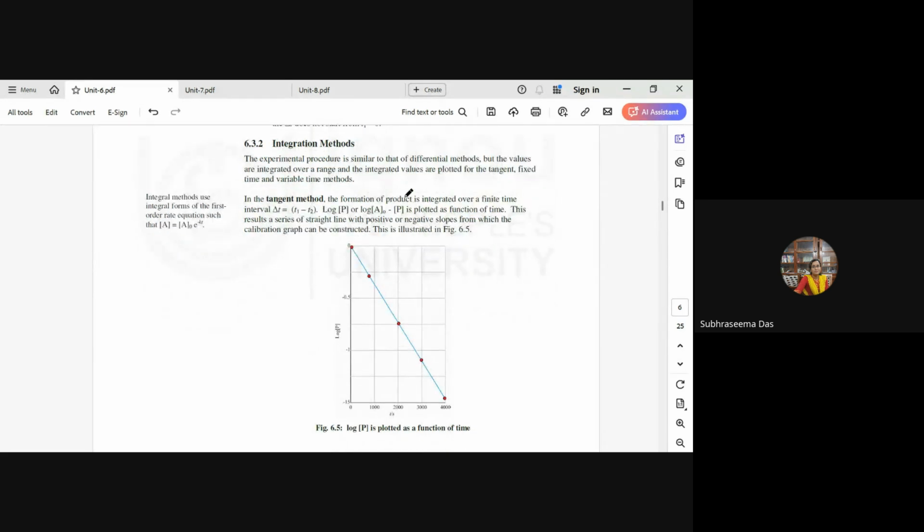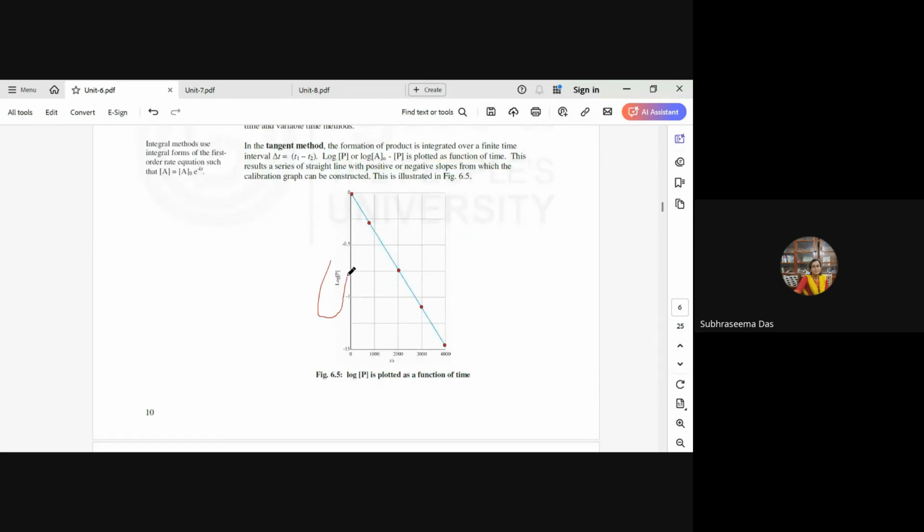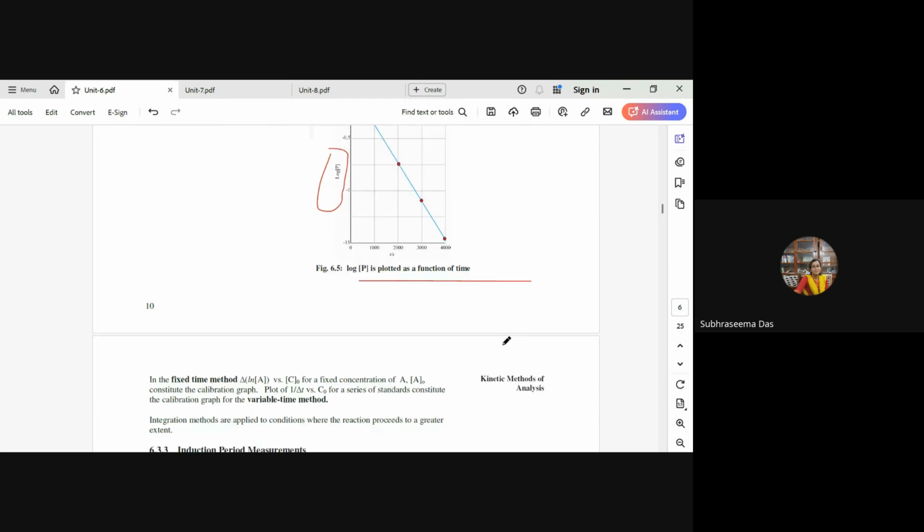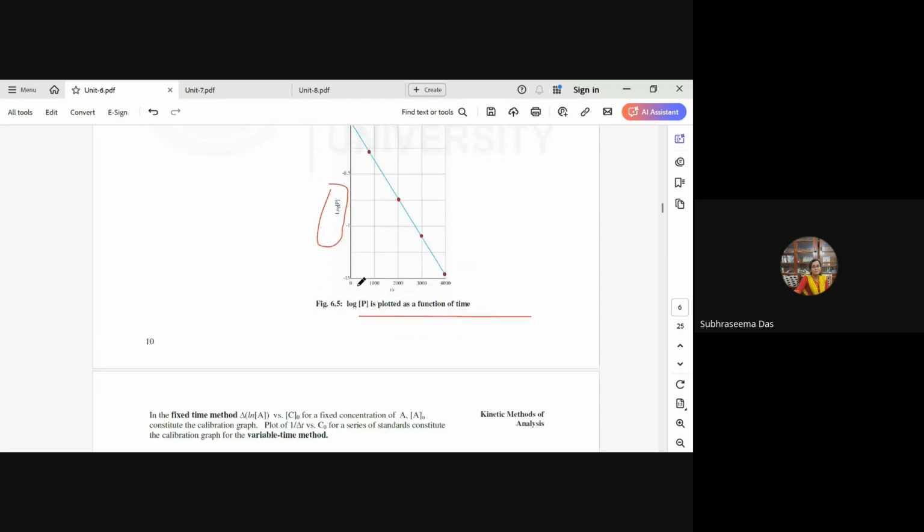In the tangent method, the formation of product is integrated over a finite time period, that is delta T is equal to T1 minus T2. Product, or log of initial concentration of reactant minus P, as shown here on the y-axis, we plot log P, then it results in a series of straight lines with positive or negative slopes. Here log P is plotted as a function of time. This is the tangent method.